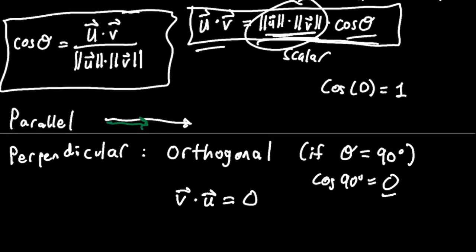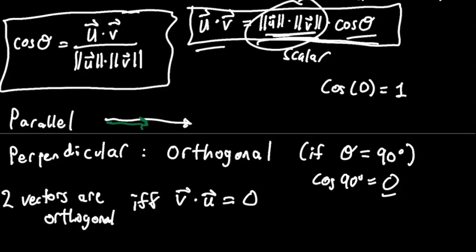That tells us that two vectors are orthogonal if and only if, so going both directions, their dot product is 0. So we saw that if two vectors are orthogonal, then cosine of theta equals 0, so their dot product is 0.